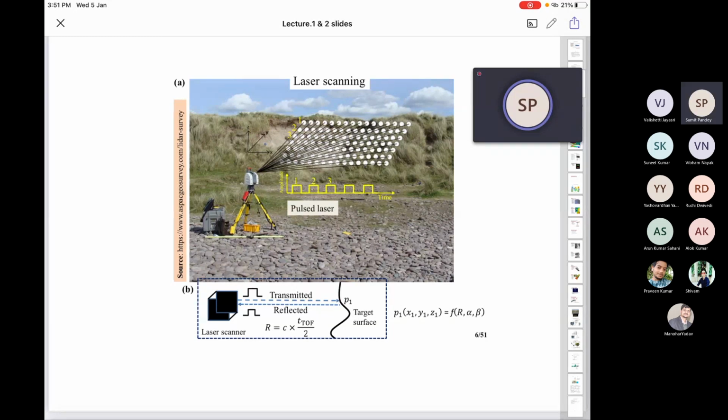Because we are using a directional, monochromatic, well-focused laser, and the light emitted from the transmitter will reflect back along the same path it traveled, so how will it be sensed by the receiver?